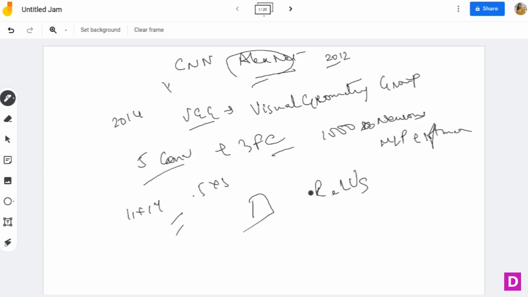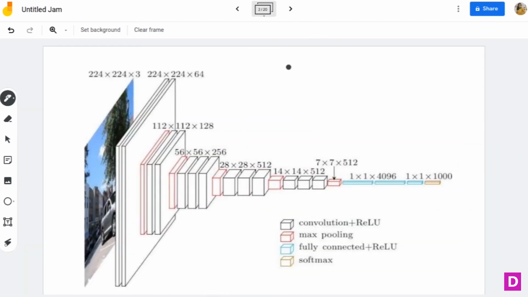So now let us talk about VGG as a whole, right? Let us look at the architecture first. So this is a basic architecture of VGG. Here also the input is 224 cross 224 cross 3. There it was 227, but yeah. So this is an RGB input.